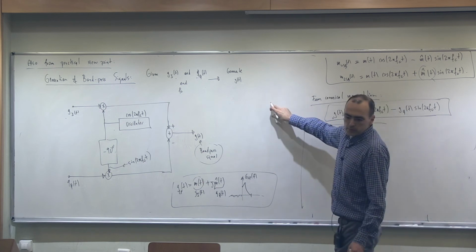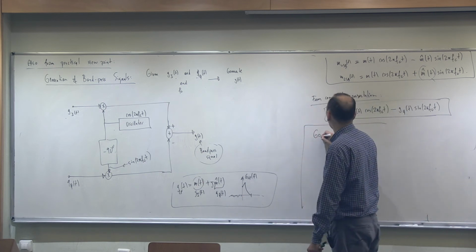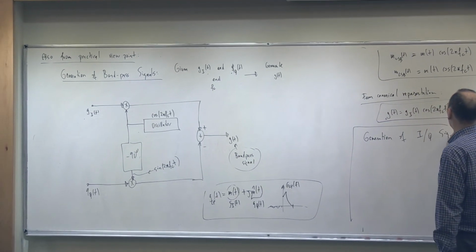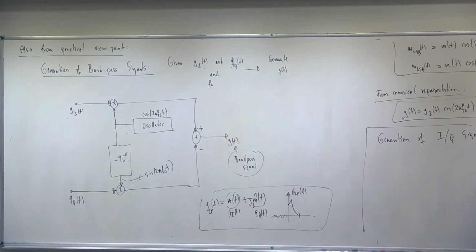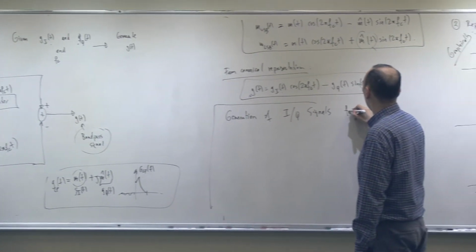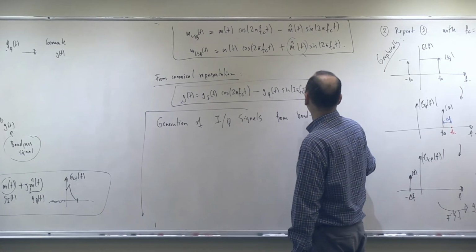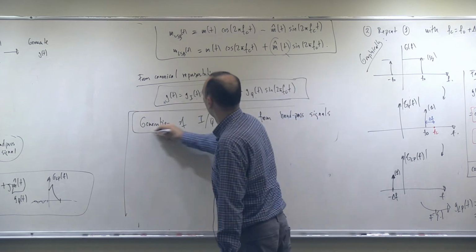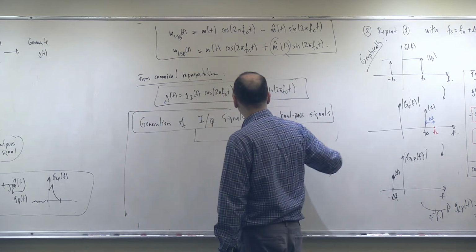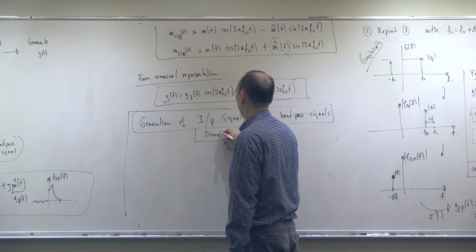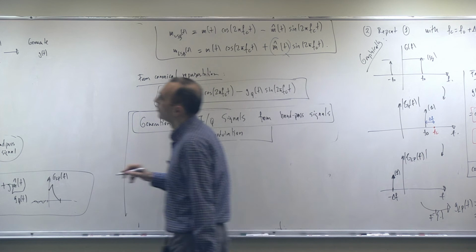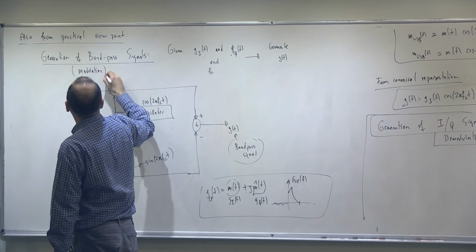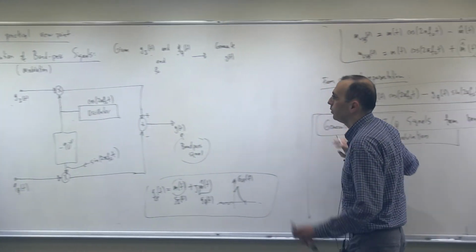Now the second topic is also very similar. Generation of, this time, IQ signals, in-phase and quadrature-phase signals, from bandpass signals. By the way, this topic is called demodulation. This topic is called modulation, because this can be, as I have said, AM radio and so on.